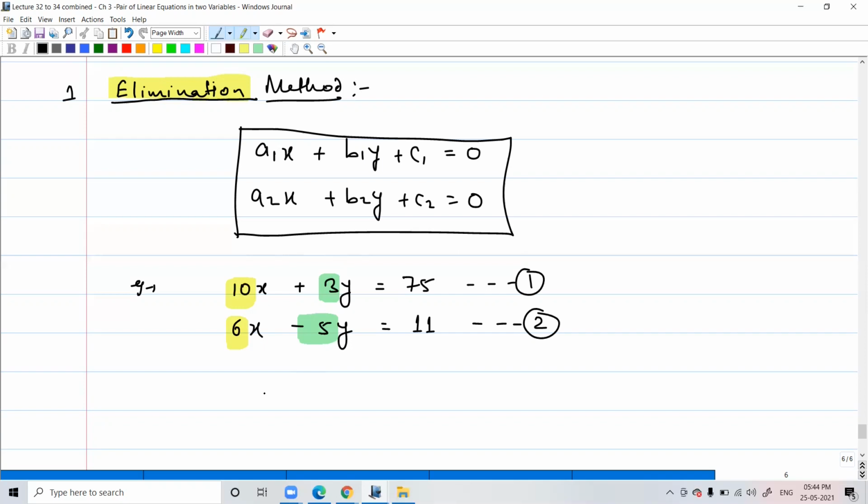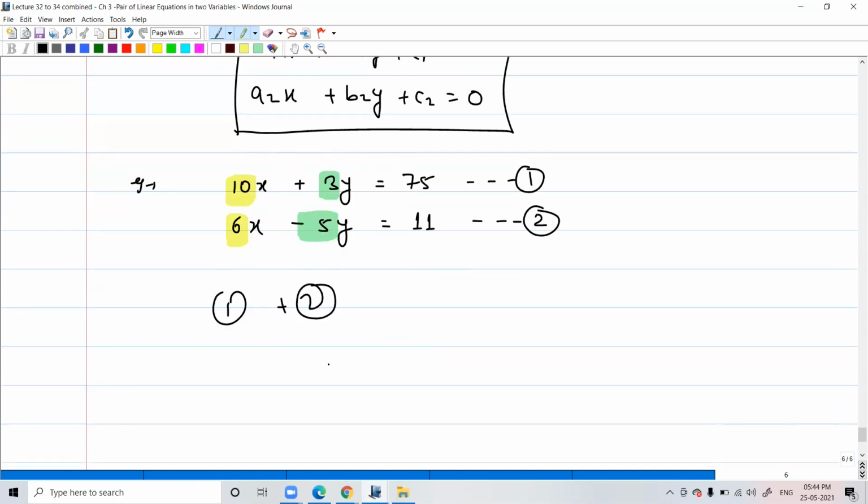For example, if I just add 1 and 2, forget about what will happen to the coefficient of x and the constant term. Right now I'm just talking about the y term, which I want to eliminate. It will be 3y and minus 5y, and we are adding, so the answer will be minus 2y.